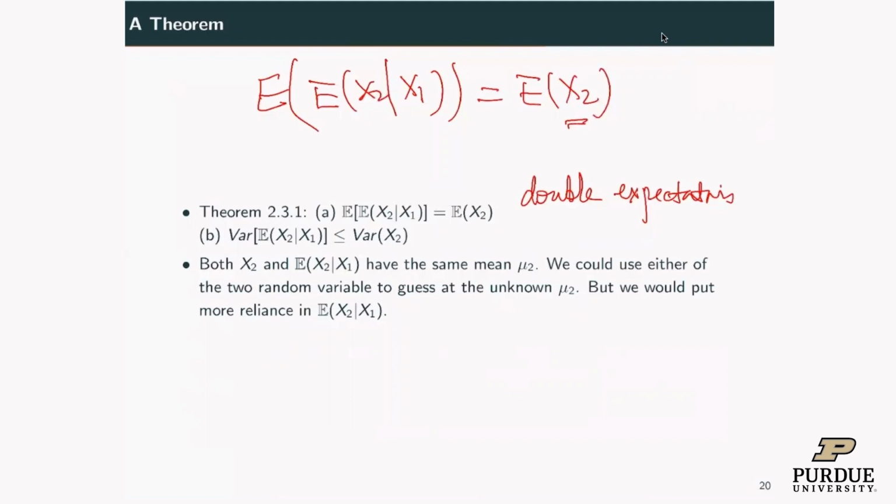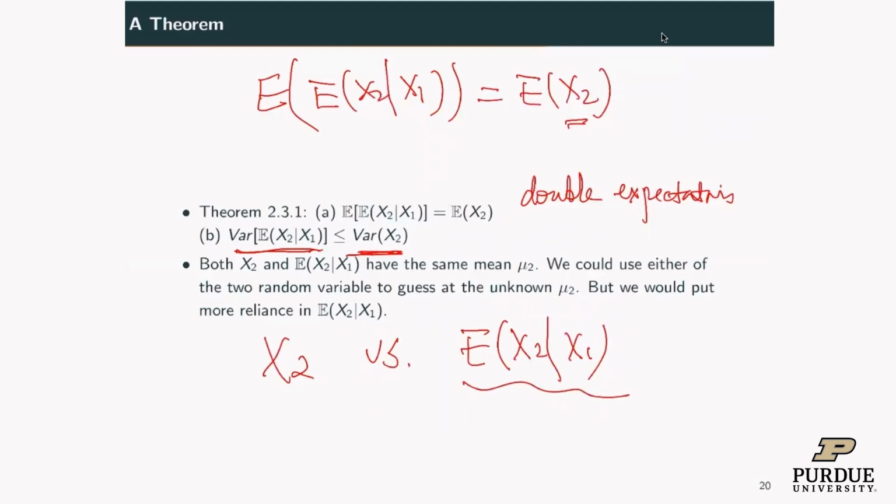The second result is about the variance. The variance of this random variable is always smaller than variance of x2. It's interesting you compare two random variables. The first guy is called x2. Another random variable is the expected value of x2 given x1. So these two random variables, they have the same mean because you take expectation, they're the same.